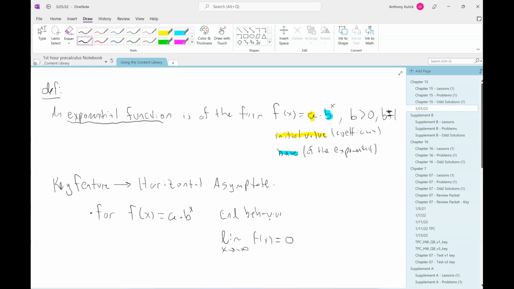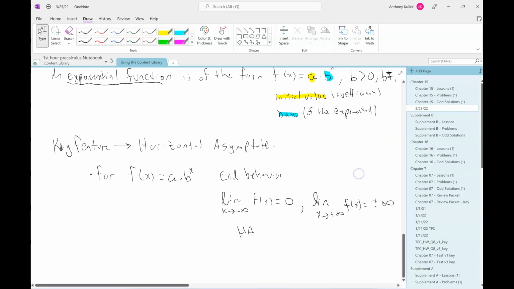That's our horizontal asymptote. And the other end will depend on whether the a coefficient is positive or negative. So if a is positive, the end behavior would go to positive infinity. And if a is negative, it would go to negative infinity.